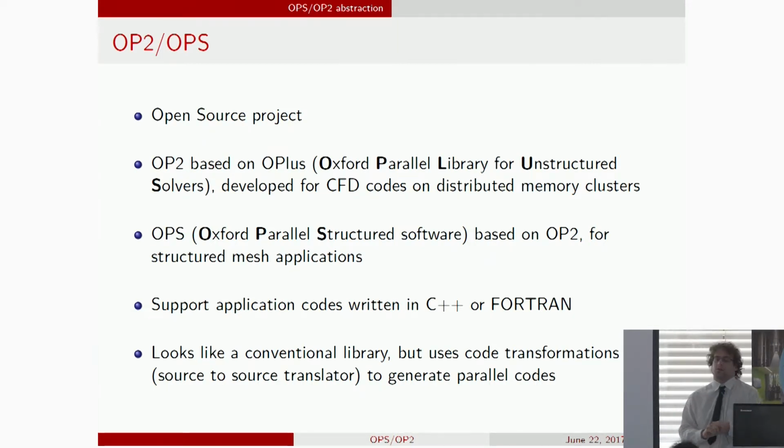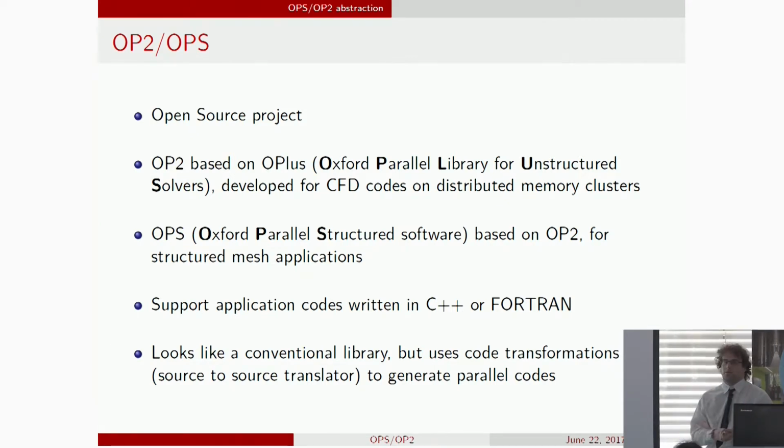Both OPS and OP2 are open source projects, and OP2 is based on OPlus, the Oxford Parallel Library for Unstructured Solvers, which was developed for CFD simulations on distributed memory clusters. And OPS is based on OP2, but with modifications and optimizations for structured meshes and applications.